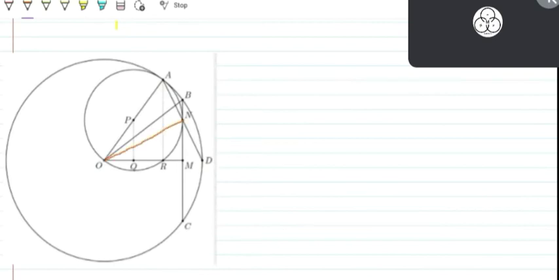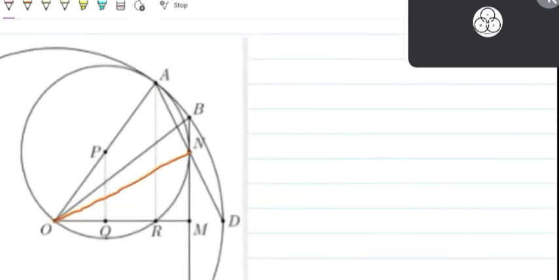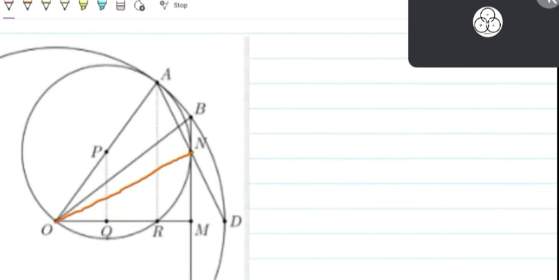What about this angle? Say this is not visible. Just draw the diagram.